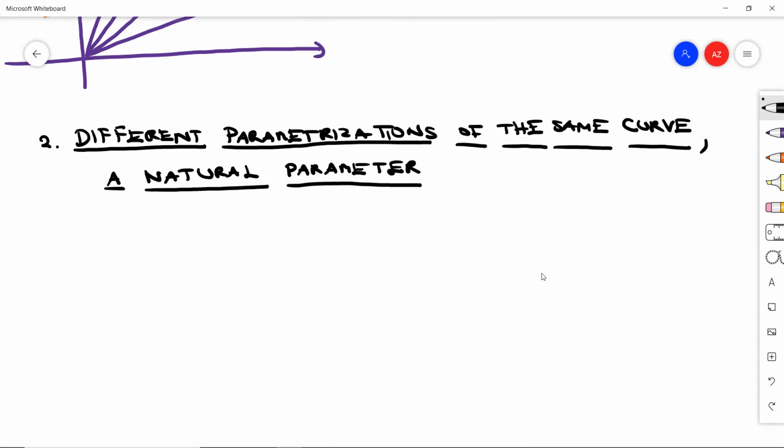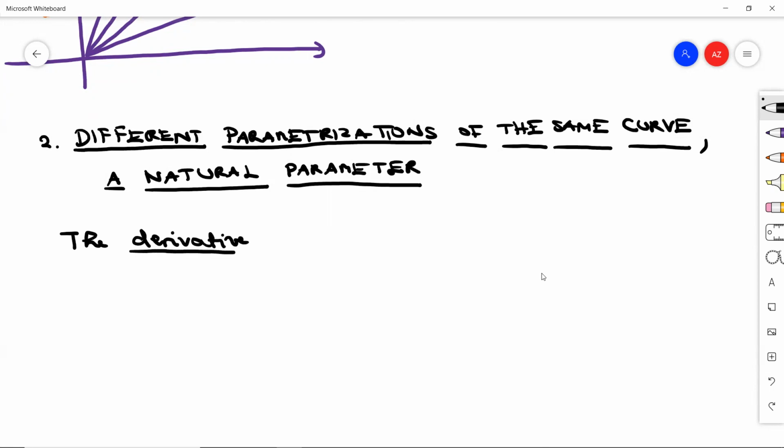So let's first introduce the derivative of the vector function and see what the derivative means. We already saw the derivative of a vector function; let's just recall what it means.